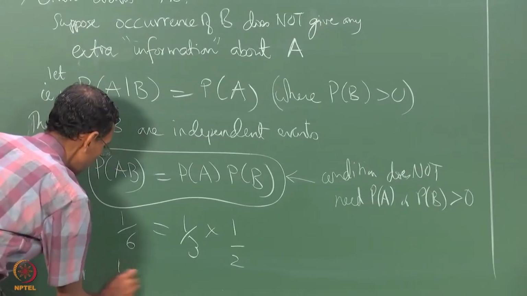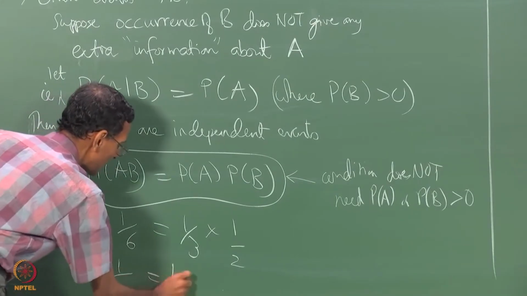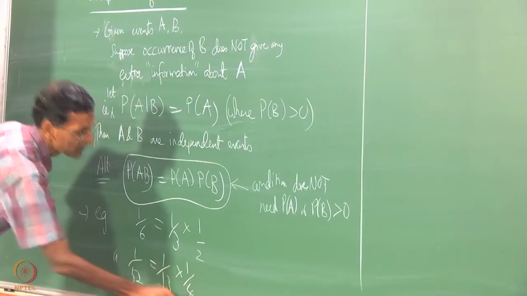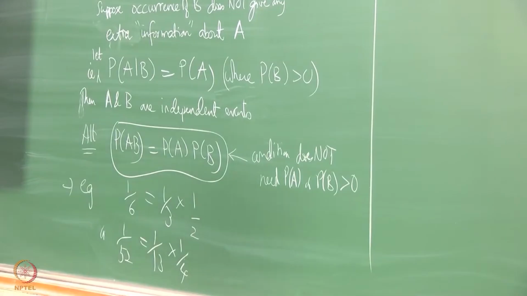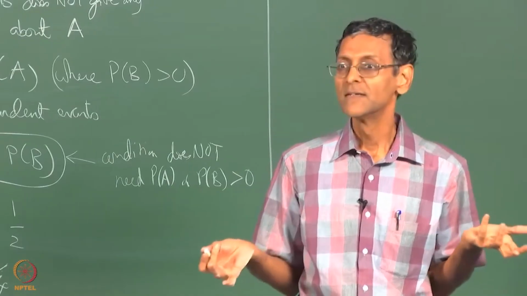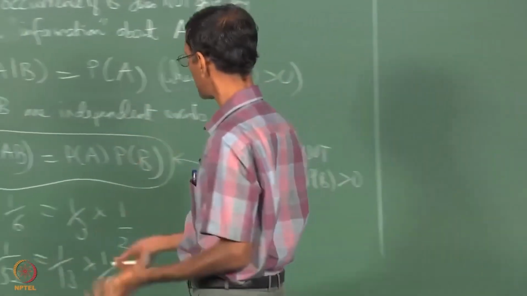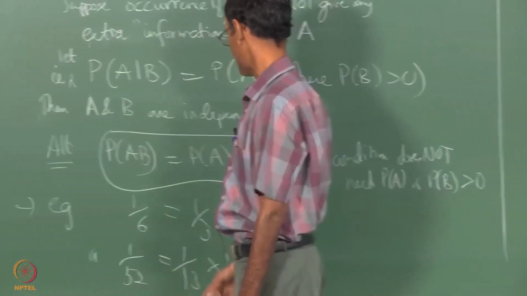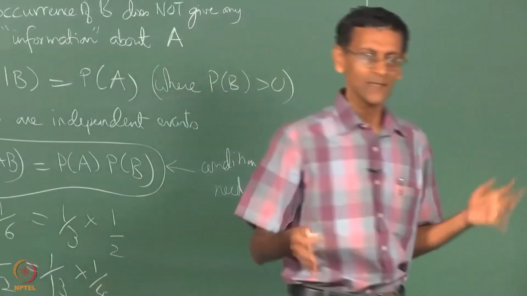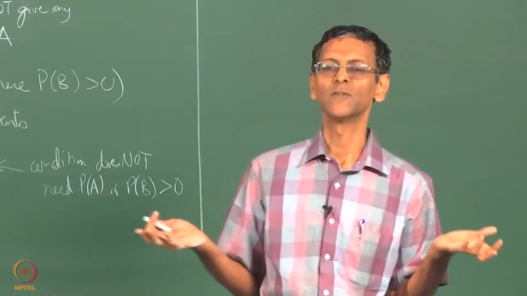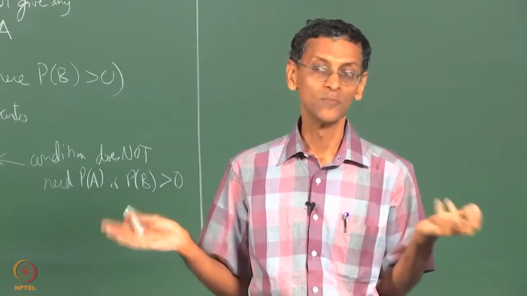Or for example, you have 1 by 52 equals 1 by 13 into 1 by 4. This is an even more obvious case, and I don't have to construct the full example. I think you can do it by yourselves. The 1 by 52 would be a specific card in a 52 card deck, and 1 by 13 would be the suit that it represents, and the 1 by 4 would be the face value of the card. Whatever it is, A to 2, ASD.